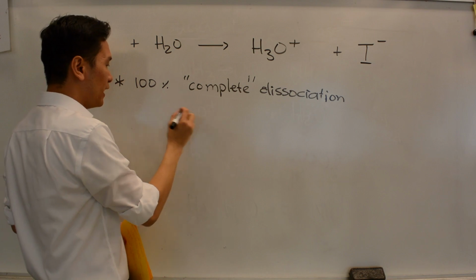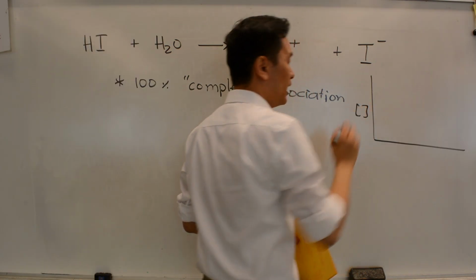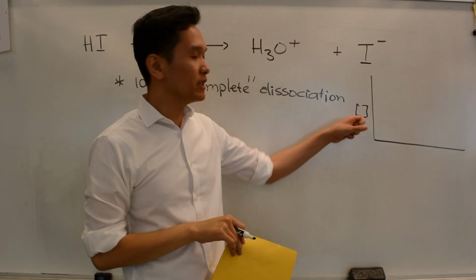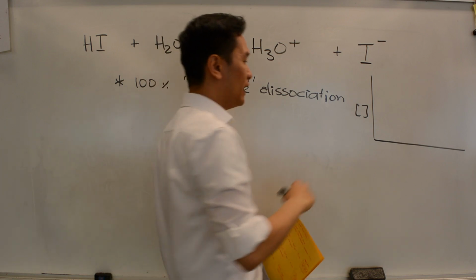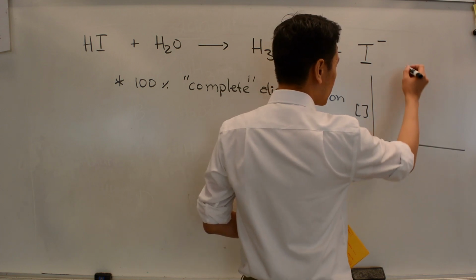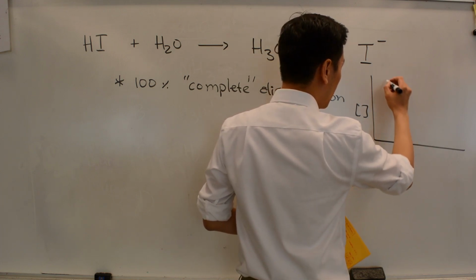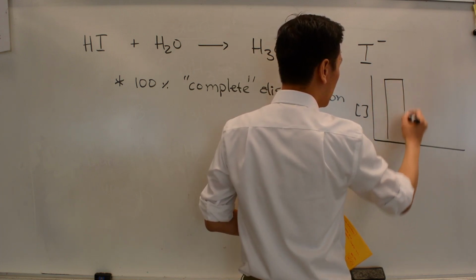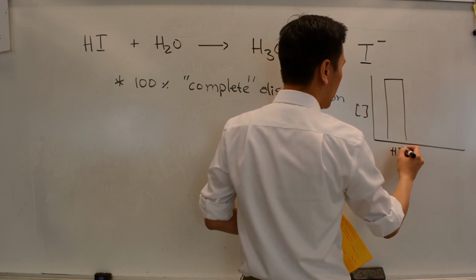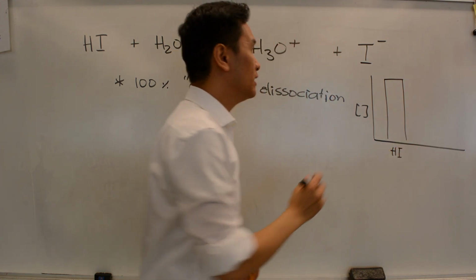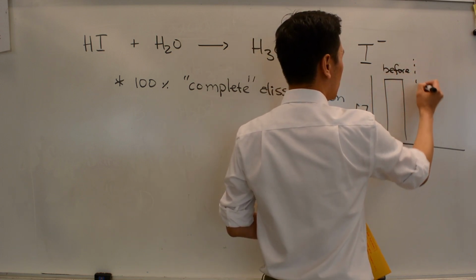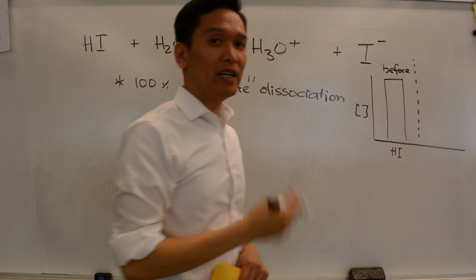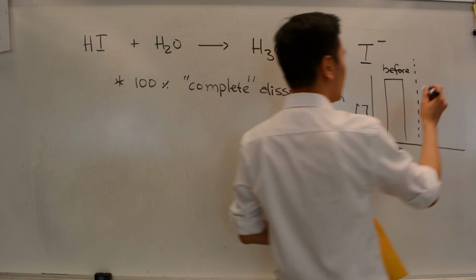So if we were to draw a graph, the y-axis here is the concentration. If I put things in brackets, that's a notation for concentration. And I say initially, I have this much of HI, right? So this is the before. Once I add it into water, what do I have?